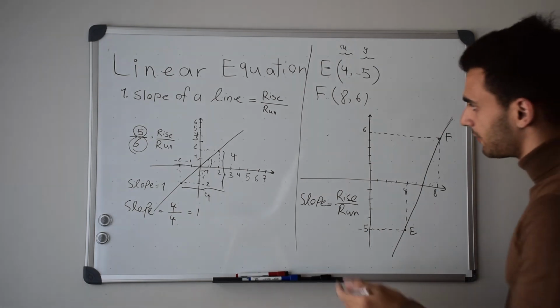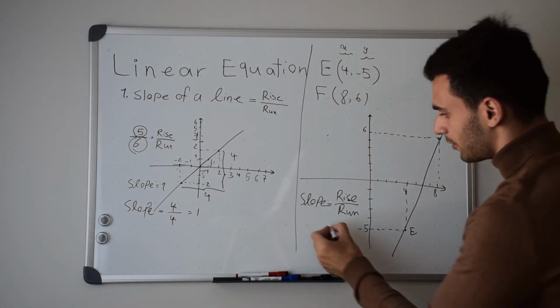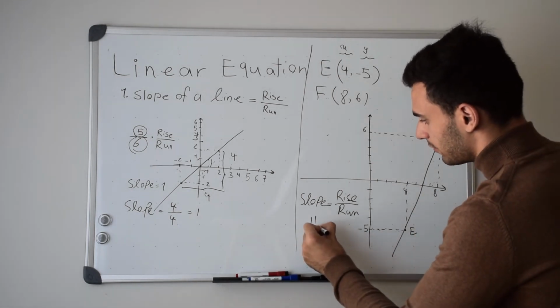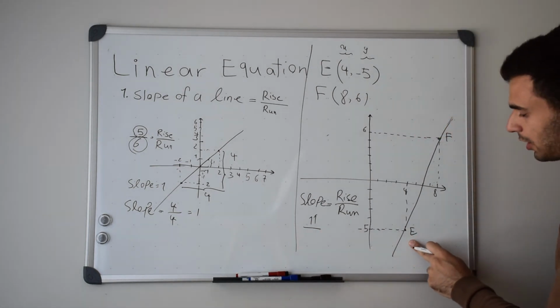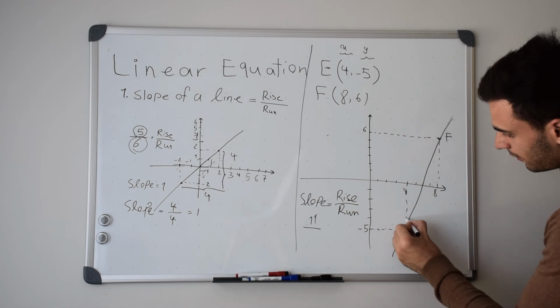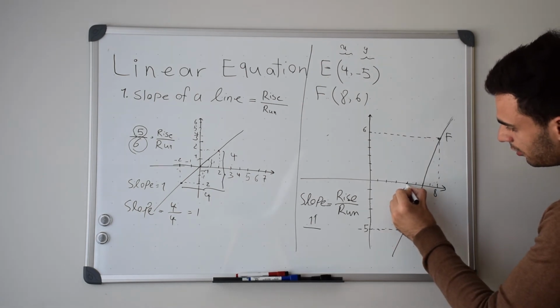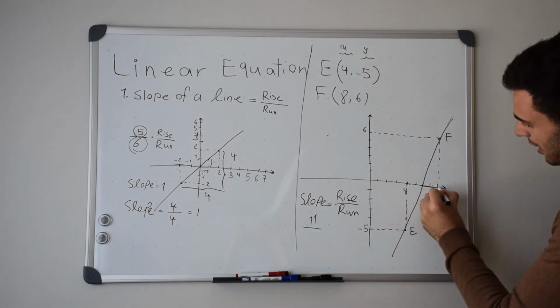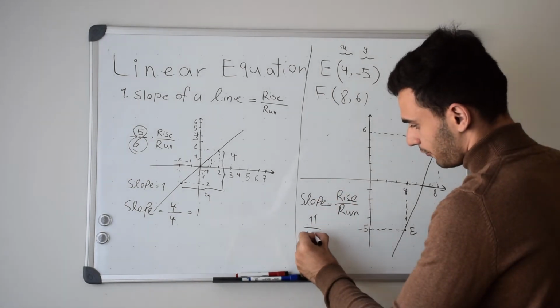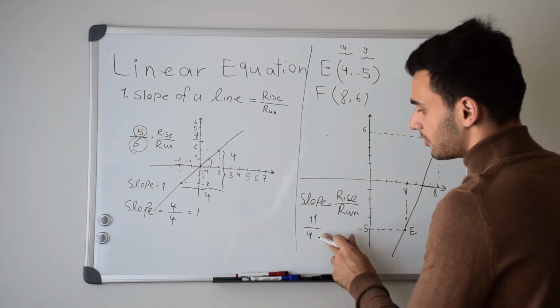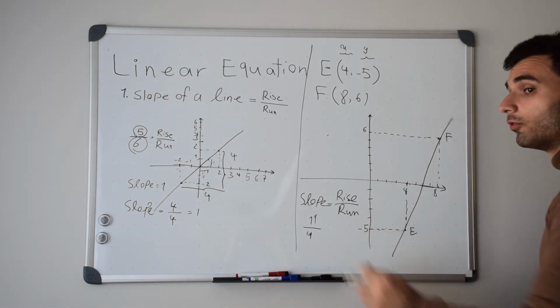So from -5 to +6, there are 11 units, right? 11 over, what is the run? We go from 4 to 8. 4 to 8, we have 4 units. So slope of this line is 11 over 4.